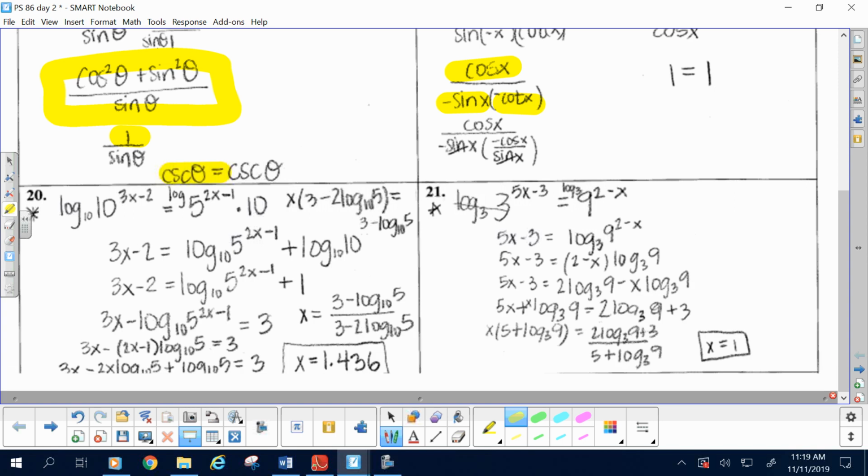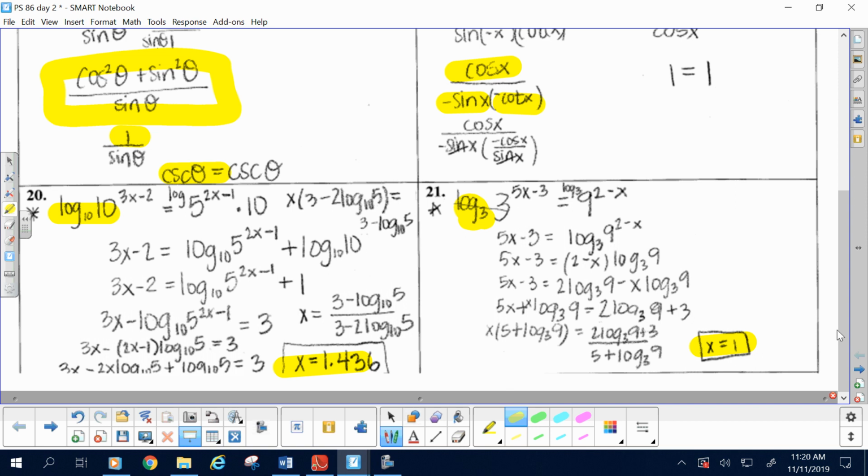20, I hope you took the log of both sides base 10 and eventually have something like 1.436. 21, log base 3 of both sides, and x equals 1.